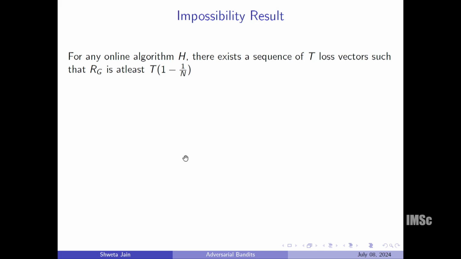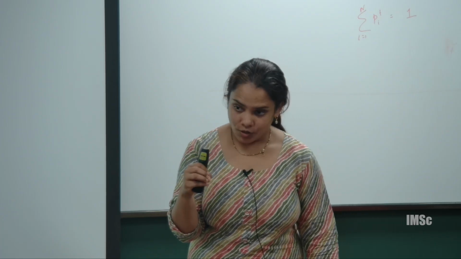Any idea how you will get it? The online algorithm is deterministic. So you choose whatever online algorithm. That's the beauty, right? Let's understand this question in a slightly different way. You give any online algorithm.